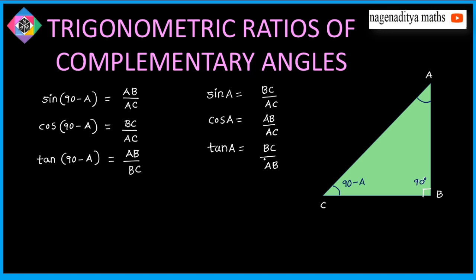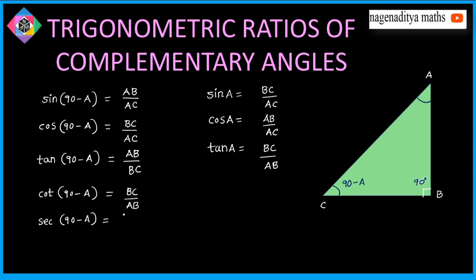Now I am going to find the remaining ratios also. So that is cot of 90 minus A. We know that cot of 90 minus A is adjacent side by opposite side. The adjacent side is BC and the opposite side is AB. And what about secant of 90 minus A?